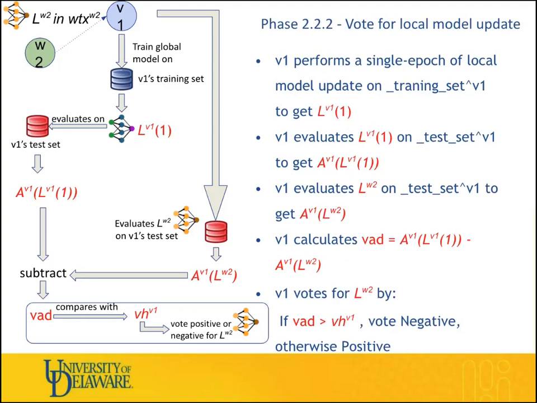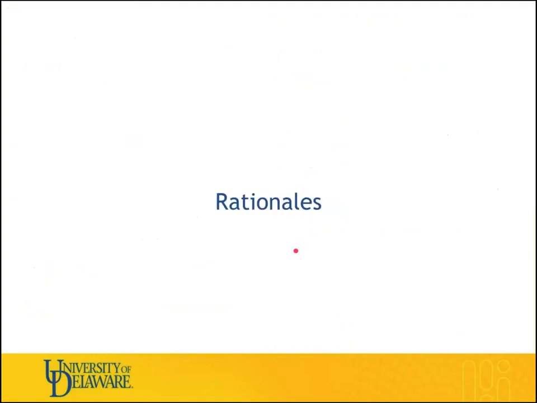Otherwise, V1 thinks LW2 is in the same update direction of LV1 and casts a positive vote for LW2. I know it looks overwhelming and confusing, so let me explain what the validator threshold value is and the rationale behind this mechanism.